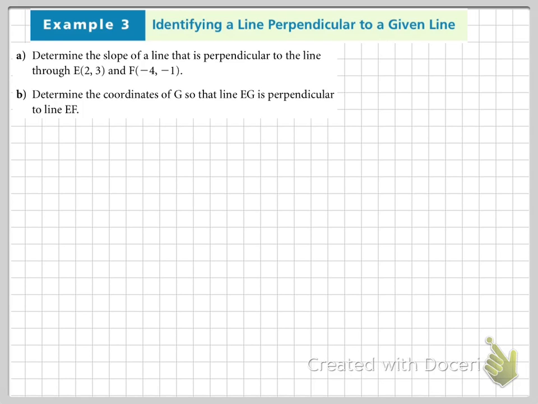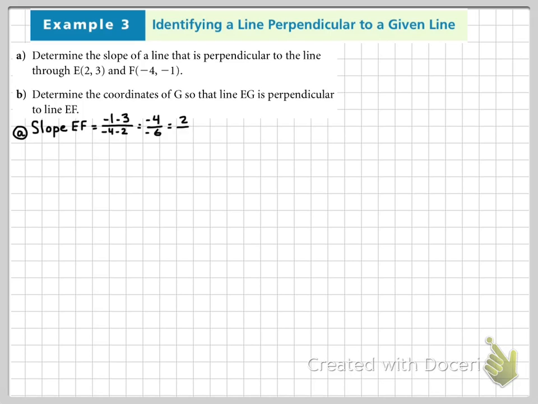Here's example 3. Identifying a line perpendicular to a given line. Determine the slope of a line that's perpendicular to a line through (2, 3) and (-4, -1). Well, first of all, let's figure out the slope. The slope of EF has got to be -1 minus 3, which is -4, over -4 minus 2, which is -6.